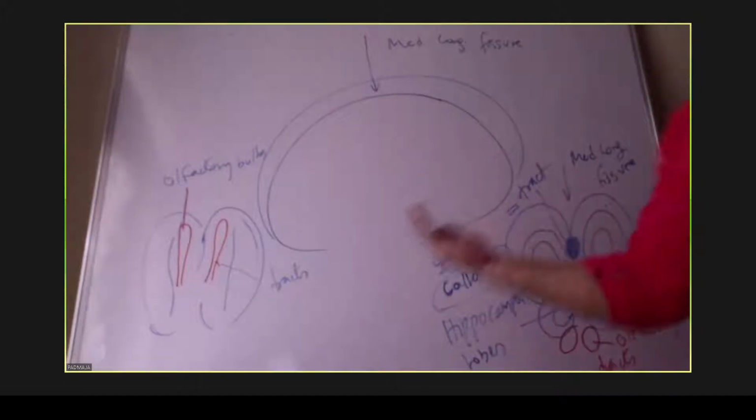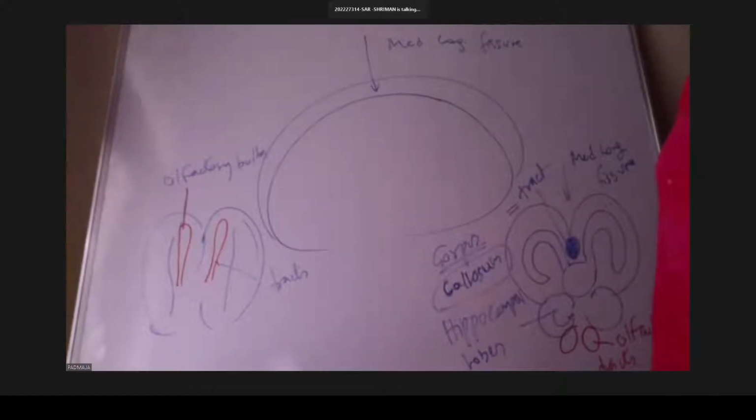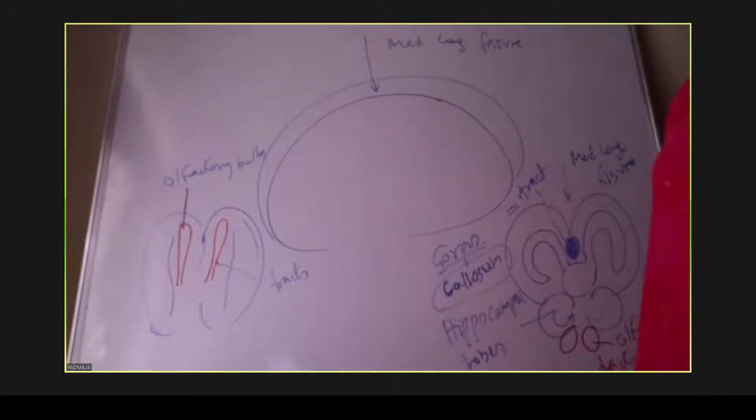In cross section, they appear like a seahorse, so they are named hippocampal lobes. And they are mainly the regions for memory, short term as well as long term memory. Very, very, very important point.